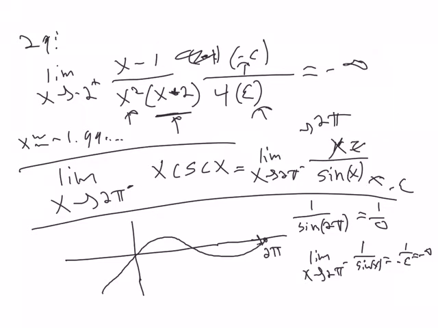Now over here the only difference is that we have some constant on top, which is 2 pi, or approximately getting closer to 2 pi. So we get the same answer. So for this problem, the limit as x goes to 2 pi from the left of x cosecant of x is equal to negative infinity.